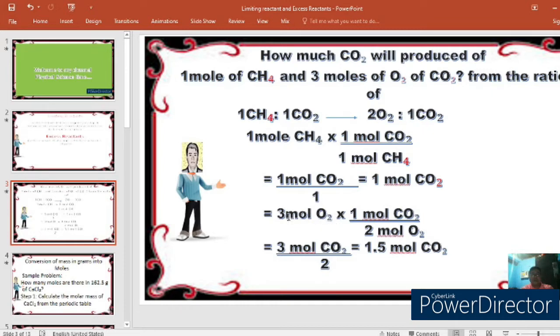So we get 3 moles from here, while we get 2 moles of O2 from the coefficient of O2 here. So 3 divided by 2, that is 1.5 moles of carbon dioxide.